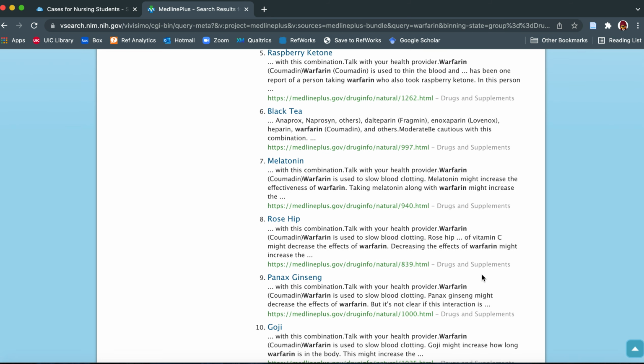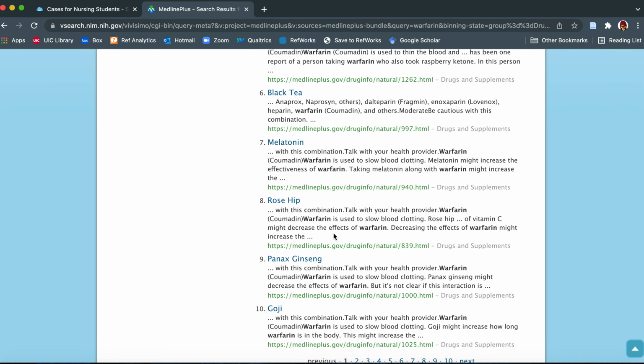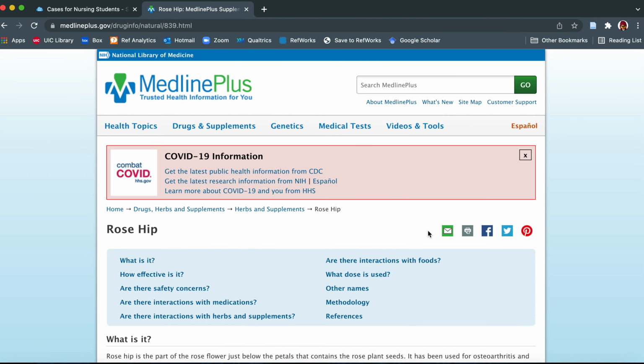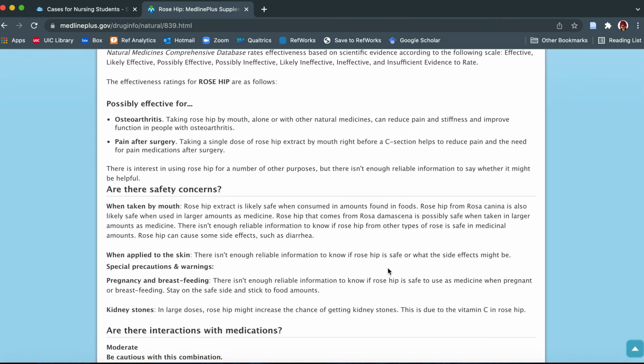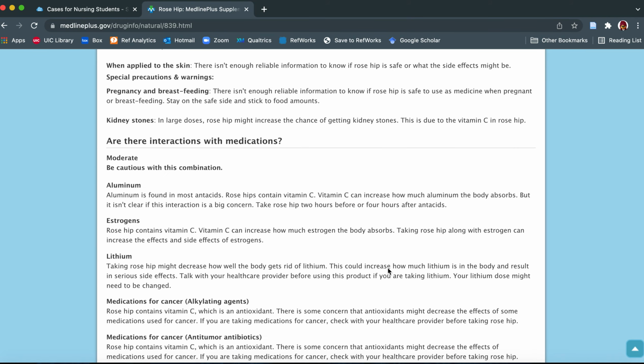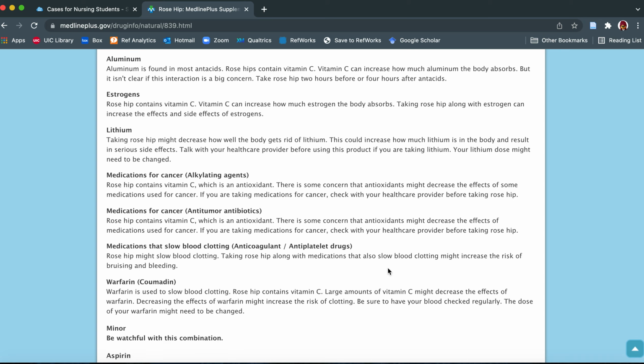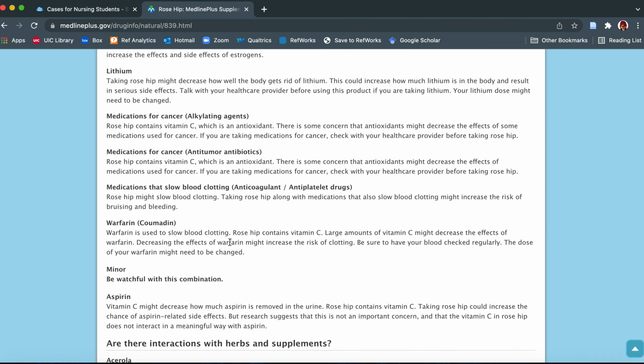But if we take a second and look at it, so we see here on rosehip, we go to interactions. So interaction with Coumadin, so if you were taking rosehips, it would affect how the Coumadin is absorbed in your body.